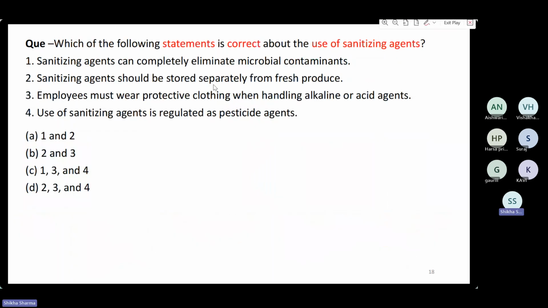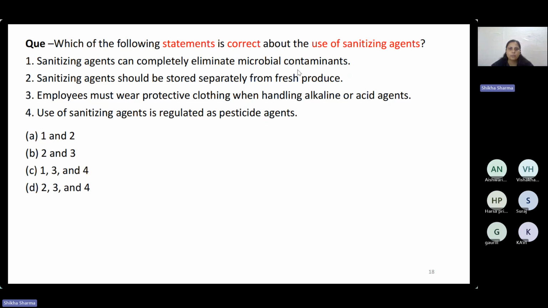Is this question clear? Can we move to the next question? This next question is about which of the following statements is correct about the use of sanitizing agents. First, sanitizing agents can completely eliminate microbial contamination.